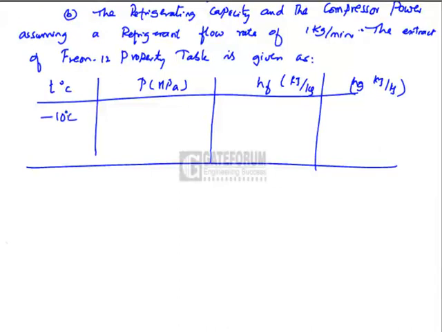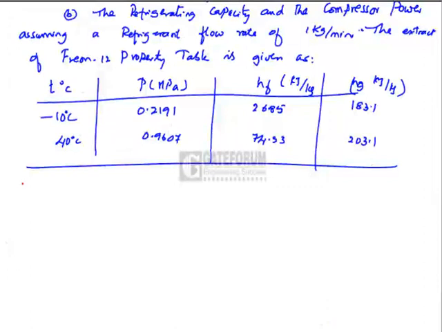At minus 10 degrees centigrade, P is 0.2191 megapascal, HF is 26.85 kilojoule per kg, Hg is 183.1 kilojoule per kg. At 40 degrees centigrade, P is 0.9607, HF is 74.53, Hg is 203.1 kilojoule per kg.